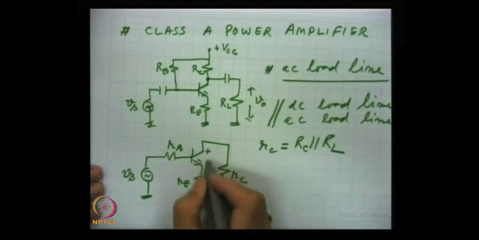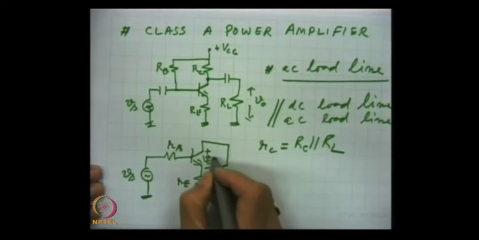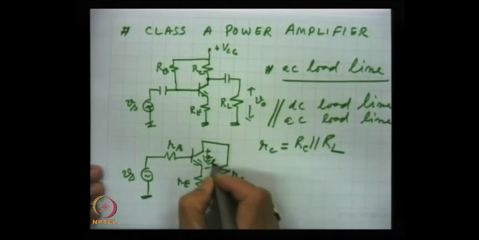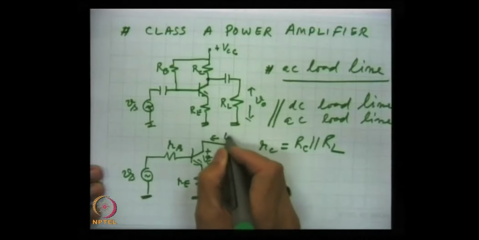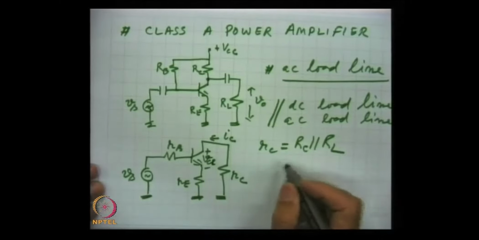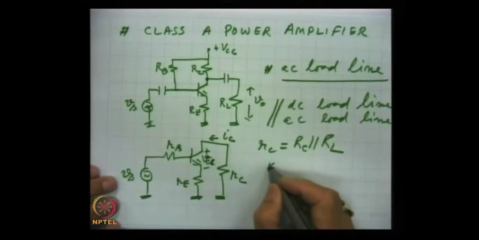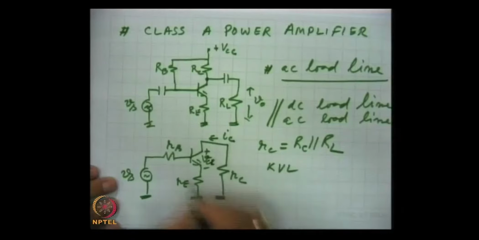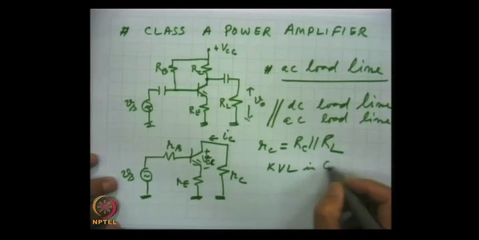Now, in this circuit, this is plus minus VCE, and this is the AC component of collector current. Then we apply Kirchhoff's voltage law to this circuit, summing up the voltages in the collector loop.